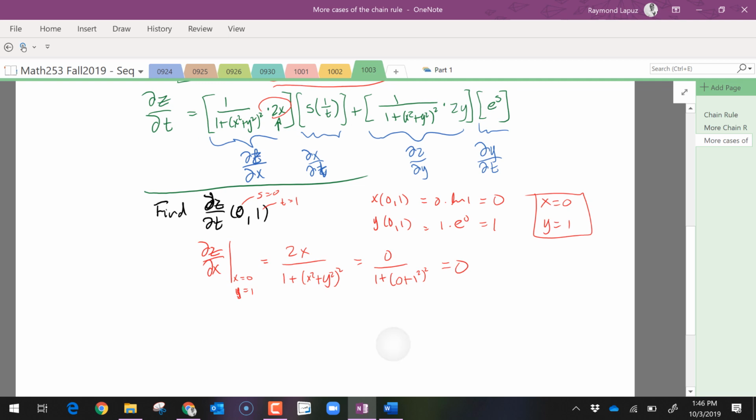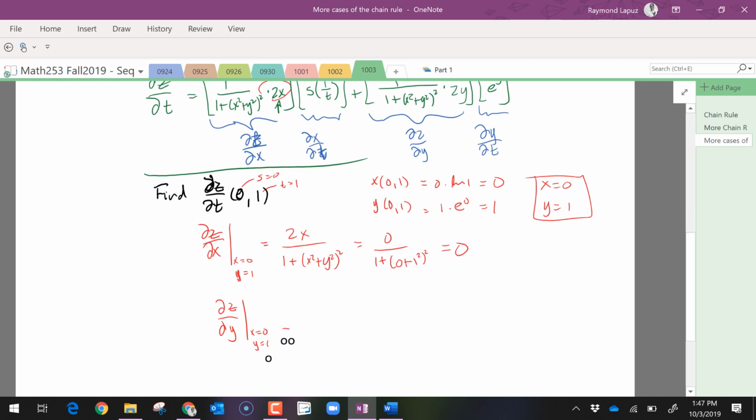And then I'll put 0 in for x and 1 in for y for the partial with respect to y. I think that's a 2y up on top, over 1 plus x squared plus y squared.